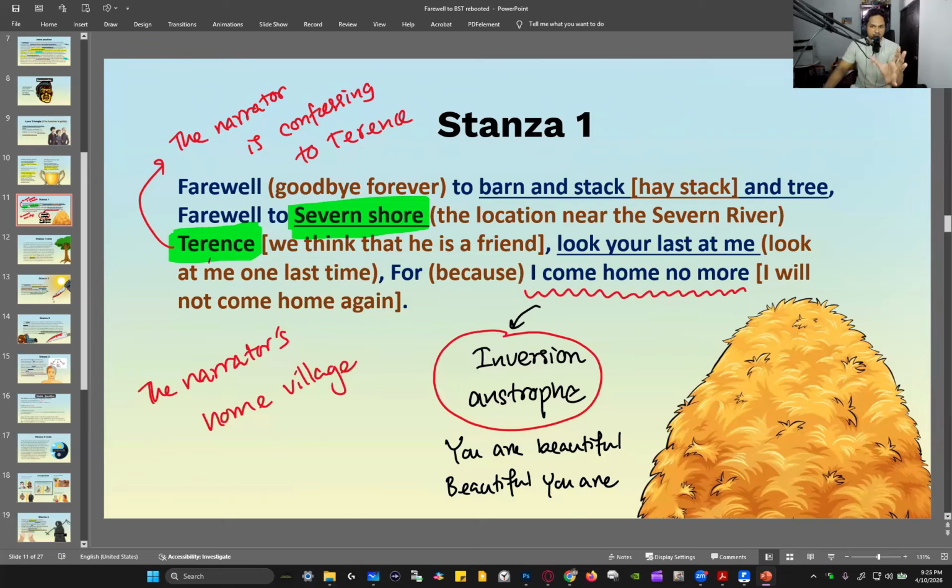That is inversion. We are jumbling the words in a sentence, but it is not very important.